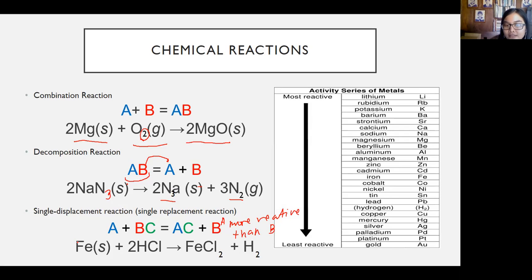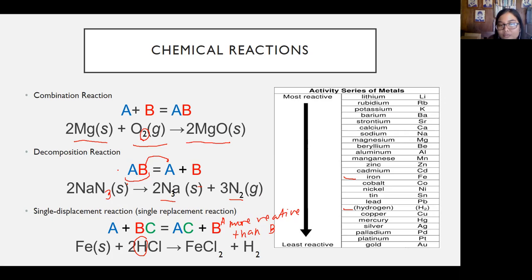So dito sa example natin, our A is iron, then we'll react it to 2 moles of hydrochloric acid. So our B here is this H. So kung makikita natin dito sa table, kung si hydrogen ay this reactive kay iron, kaya naman iron can react with hydrochloric acid and replace H and form iron chloride plus hydrogen gas.